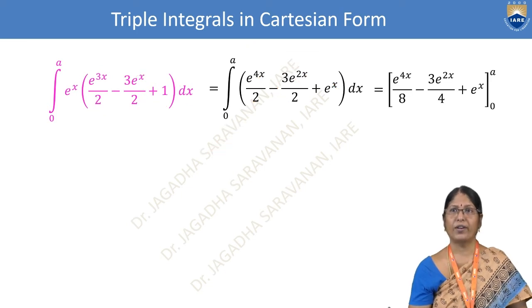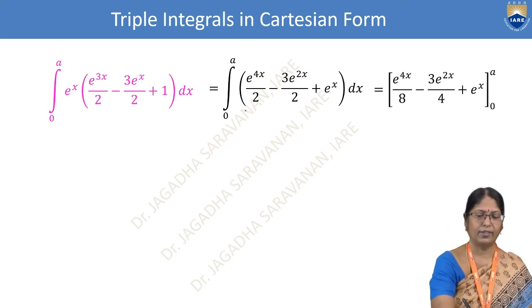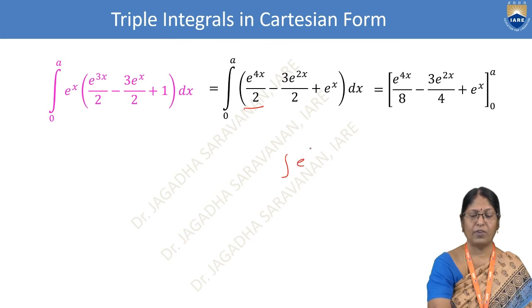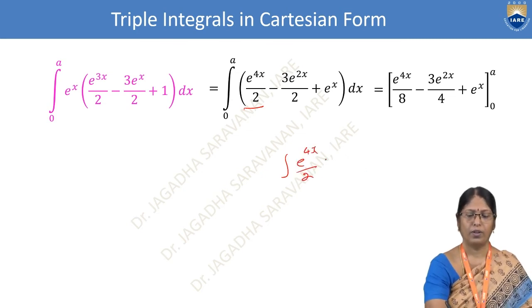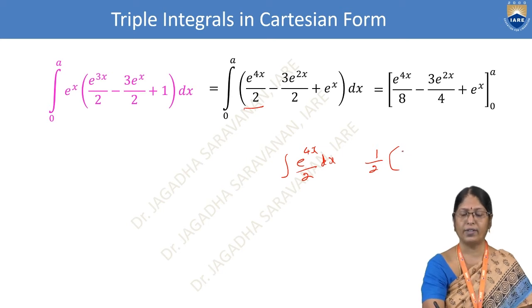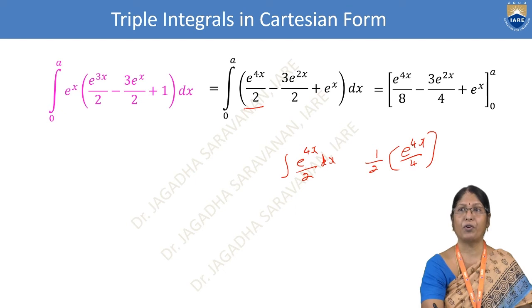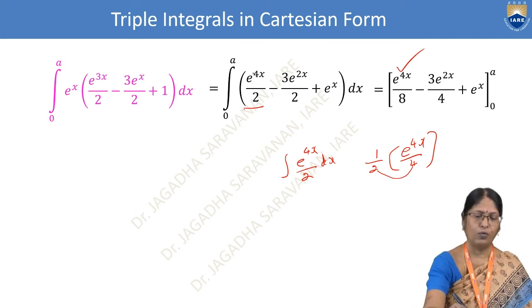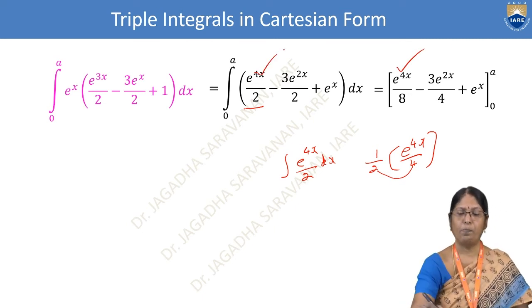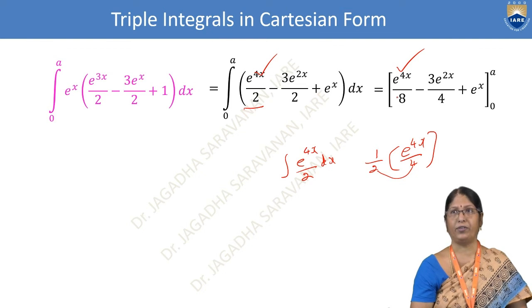Now we will concentrate on the integration. That is this part, the integral of e^(4x)/2. It's a very simple integration. This 1/2 we can keep outside. The integral of e^(4x) is e^(4x)/4, the coefficient of x is 4, divided by 4. 4 twos are 8. So we got the integral e^(4x)/8.